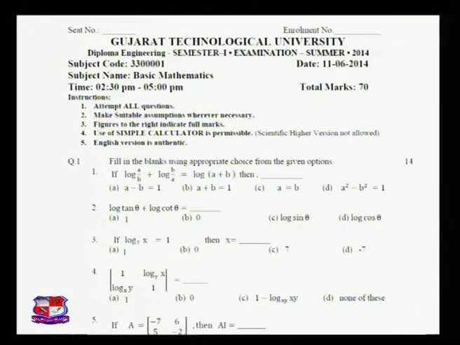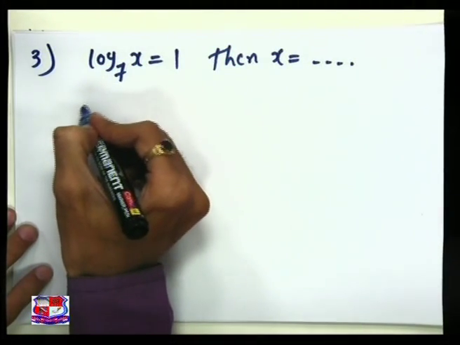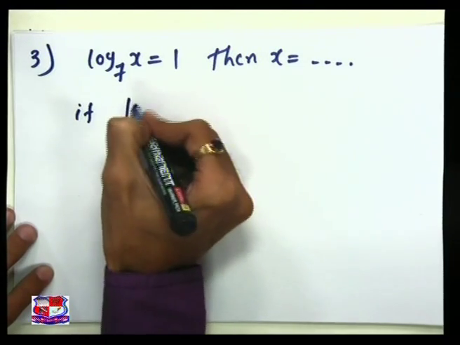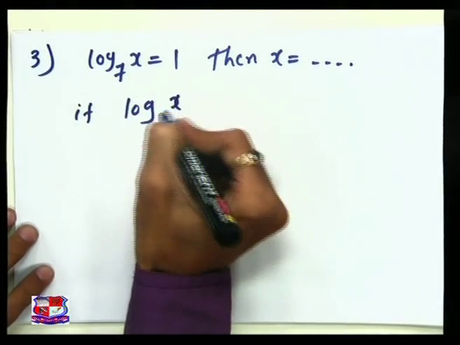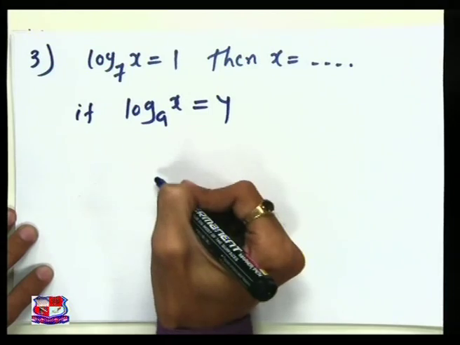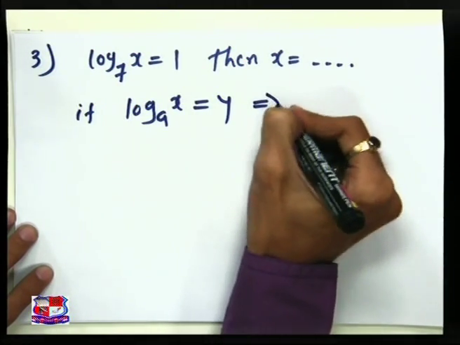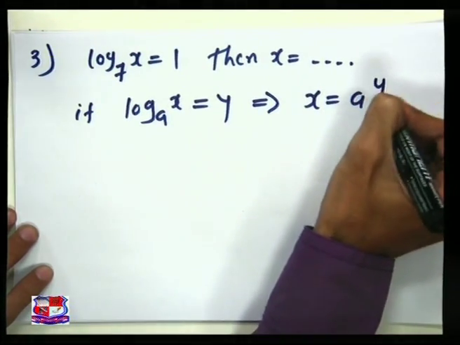If we move on to the third question, it is: if log x base 7 is equal to 1, then x is equal to blank. Okay, so we know that if log x base a is equal to y, then x is equal to a raised to y.